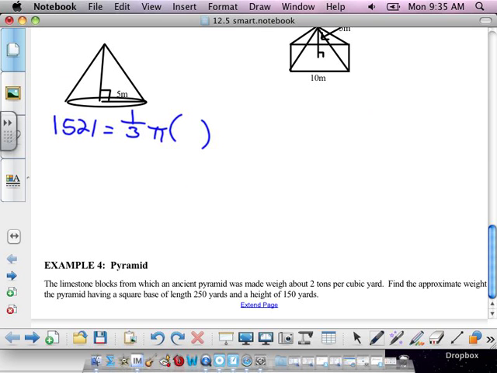My radius is 5 squared, and I don't know what my height is. So I'm going to do this whole piece first, just not including the x. So I'm going to put in my calculator, pi times 5 squared, divide that by 3. I get 26.18.